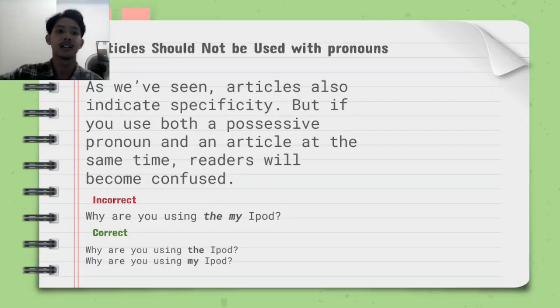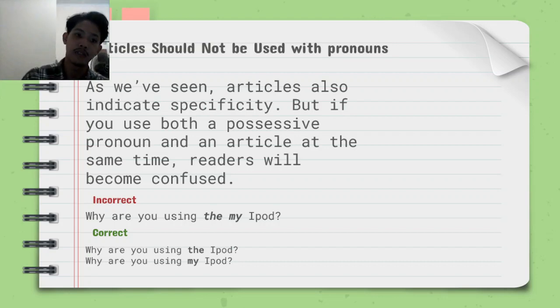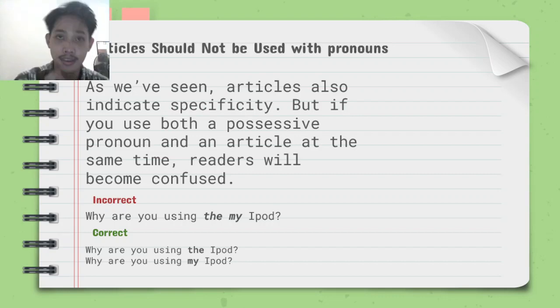The next is articles should not be used with pronouns. As we've seen, articles also indicate specificity. But if you use both a possessive pronoun and an article at the same time, readers will get confused. We got the incorrect example: Why are you using the my iPod?